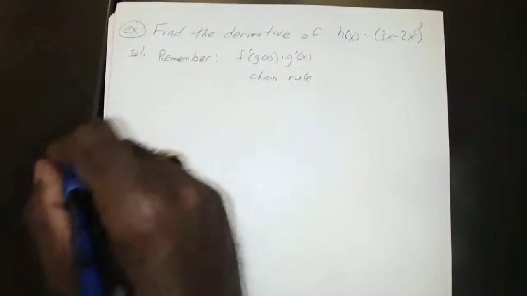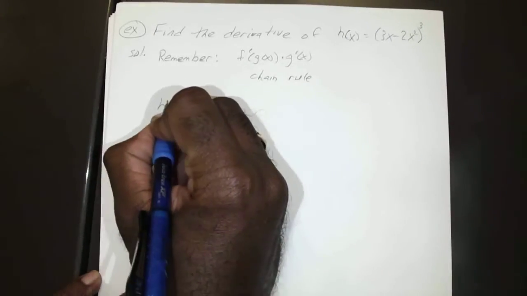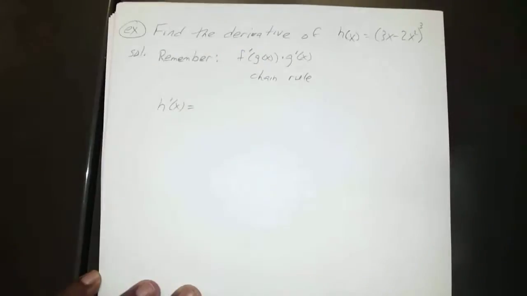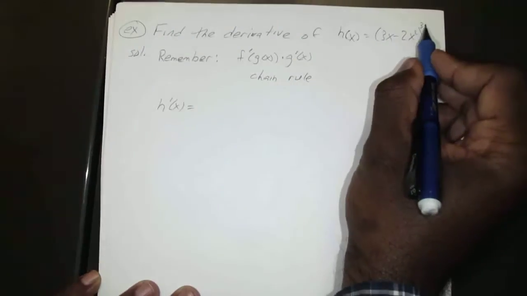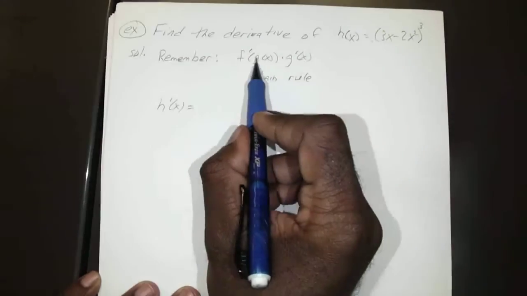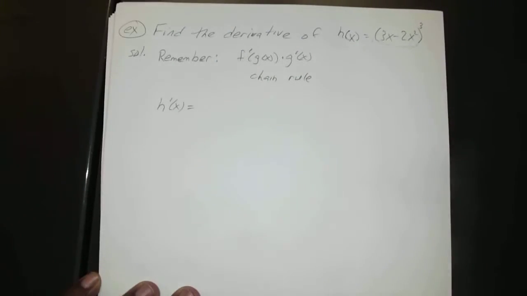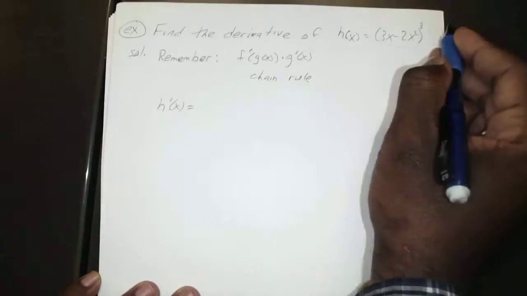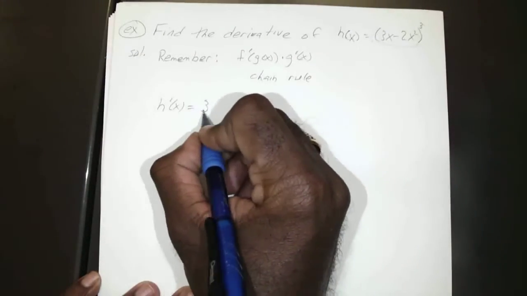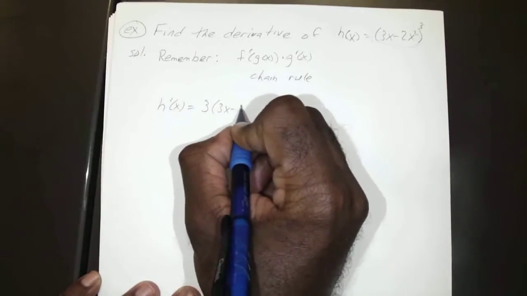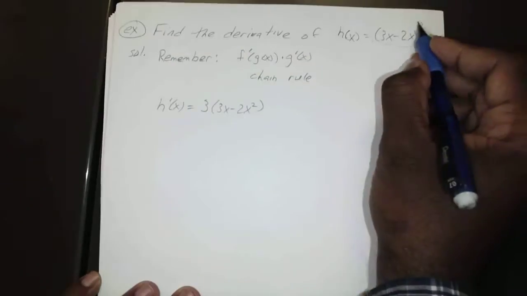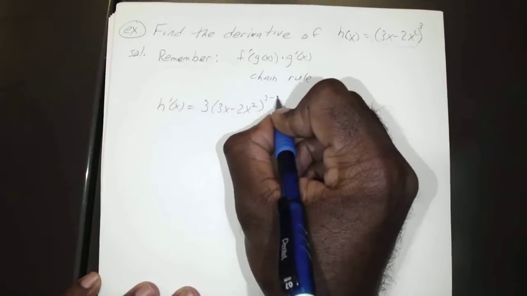Okay, so now using the chain rule, let's say h prime of x is equal to, we're going to get that 3, bring it down. So that's the derivative of that g of x. We're going to bring that 3 down, 3x minus 2x squared, and we're going to subtract 1.